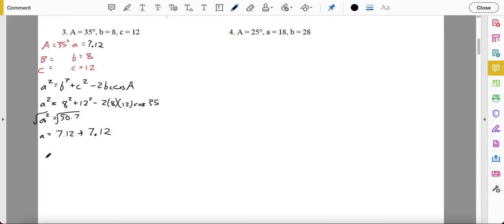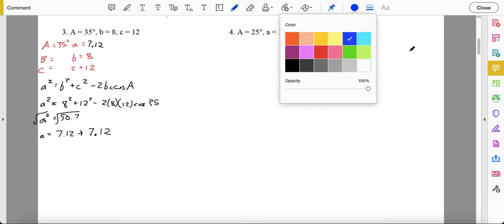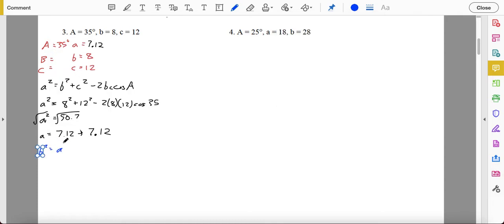We're going to set up another law of cosines, but this time the one that involves angle B. So b squared equals a squared plus c squared minus 2ac times the cosine of angle B. So 8 squared, a squared, remember, was 7.12 squared, plus c squared, which is 12 squared, minus 2 times 7.12 times 12 times the cosine of angle B. Now we simplify some of these.